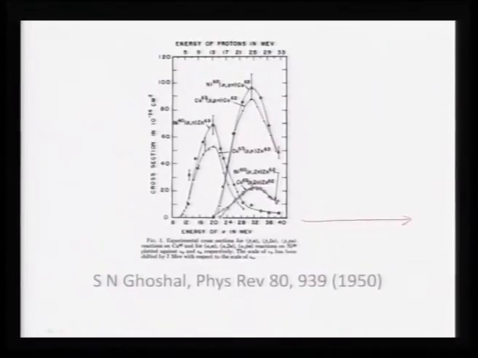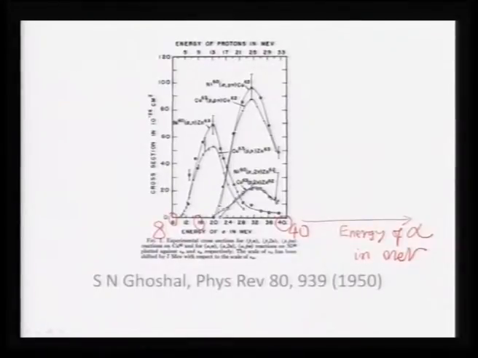This is energy, energy of alpha particle in mega electron volts, and if you can see, this is 8 here, and this is 16, this is 40. So, this is the energy scale.